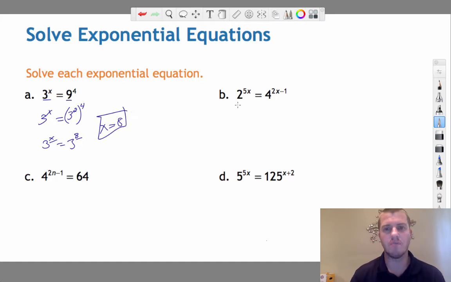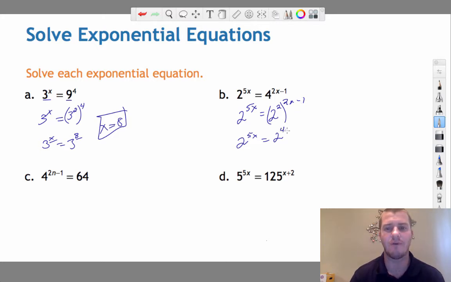So when I go here to b, I have 2 raised to the 5x is equal to, and I can get this base to become a 2 because 4 can be written as a power of 2, so that becomes 2 squared raised to the 2x minus 1. And so now I have 2 raised to the 5x is equal to 2 raised to the, and I'm multiplying this 2 with that 2x minus 1, and I have to distribute it into that binomial.